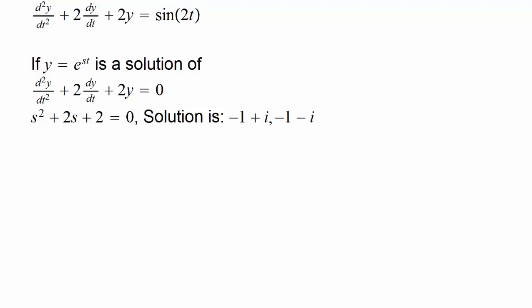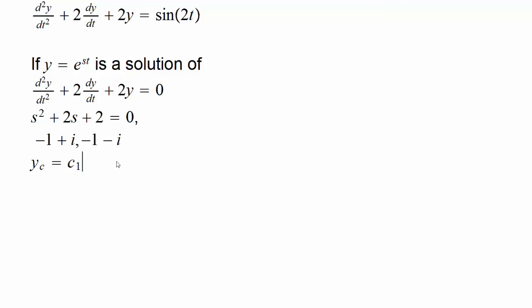When you use the quadratic formula, the two solutions that come out are -1 plus i and -1 minus i. What that suggests is that a complementary function for this differential equation is c1 e to the -t times cosine of t.